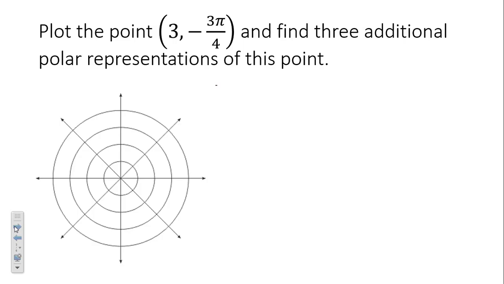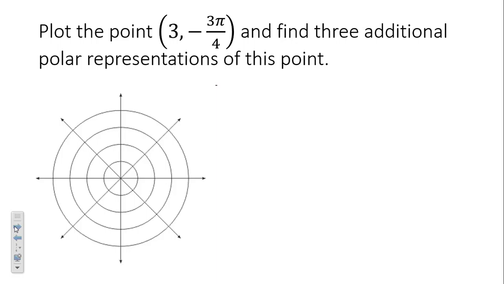Okay. Positive angles are always counterclockwise with the polar axis. Negative angles will be clockwise with the polar axis, right? So we can either say that we're moving 3 out and then using our angle, or we can go find the angle and then move 3 out. It doesn't matter.